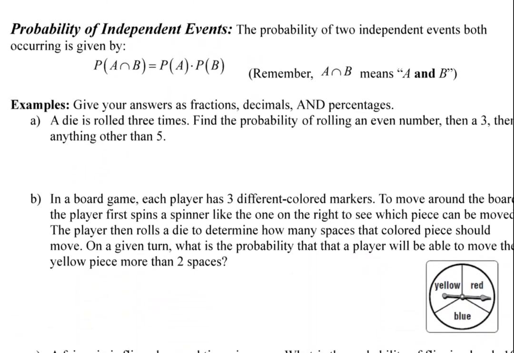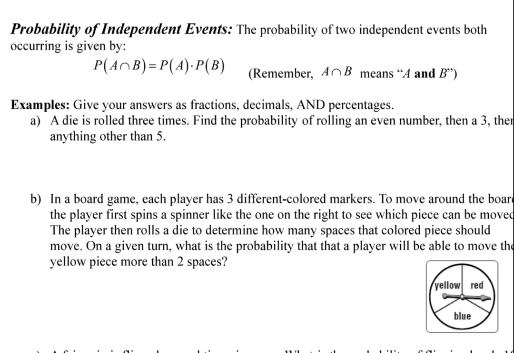Now we're going to not just figure out if they're independent or dependent, but exactly what that probability is. And here's the cool thing: it looks a little complicated, but we've learned these symbols before, so we can read this correctly.